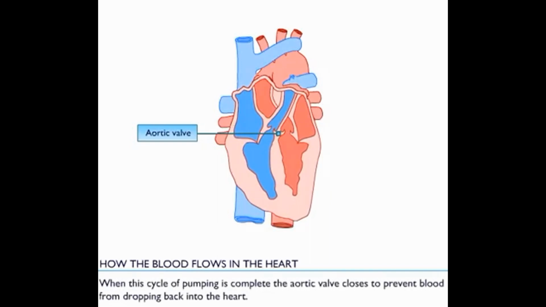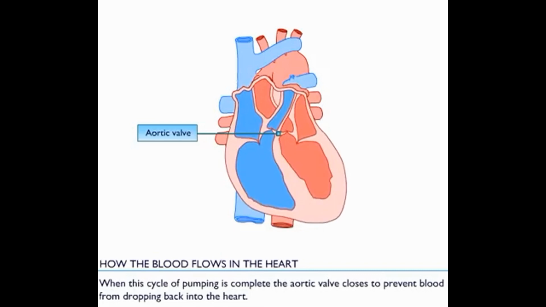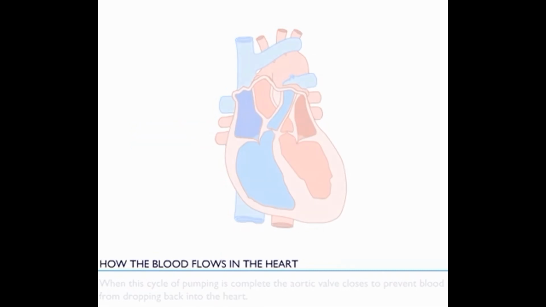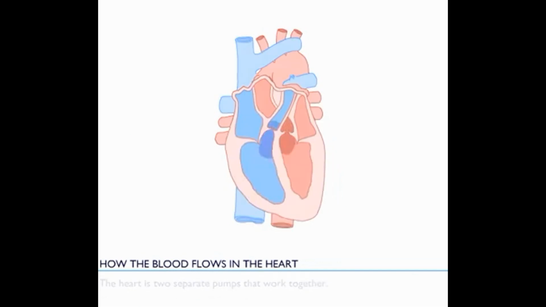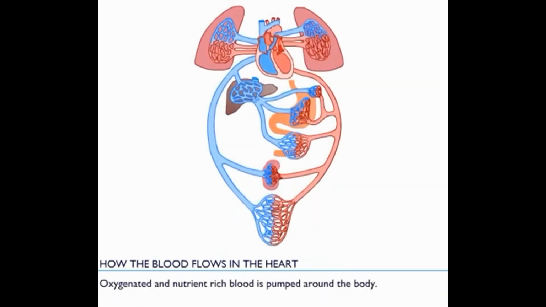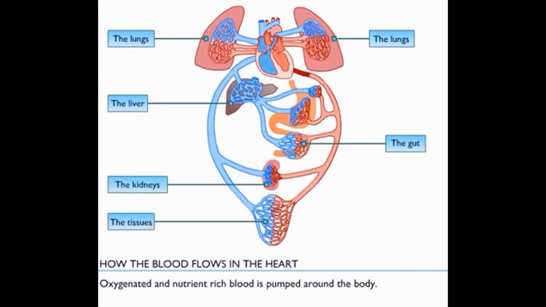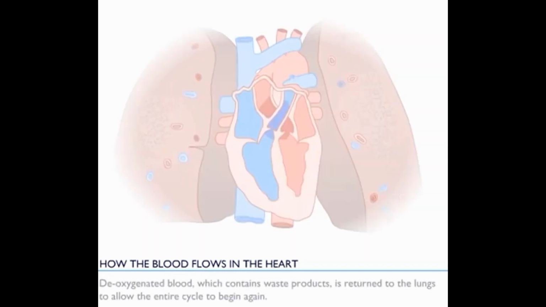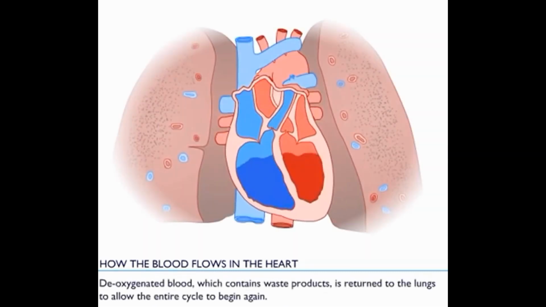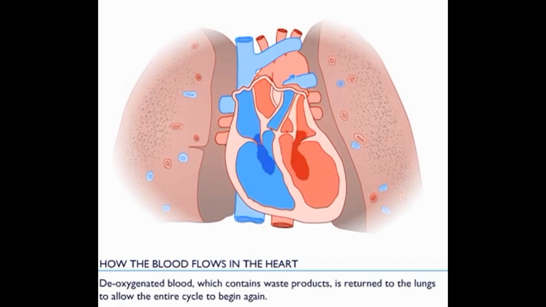When this cycle of pumping is complete, the aortic valve closes to prevent blood from dropping back into the heart. The heart is two separate pumps that work together. Oxygenated and nutrient-rich blood is pumped around the body. Deoxygenated blood, which contains waste products, is returned to the lungs to allow the entire cycle to begin again.